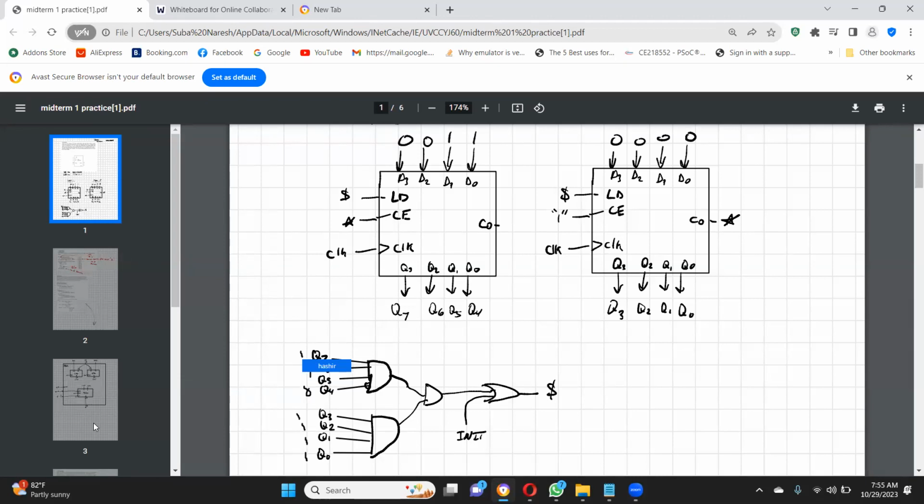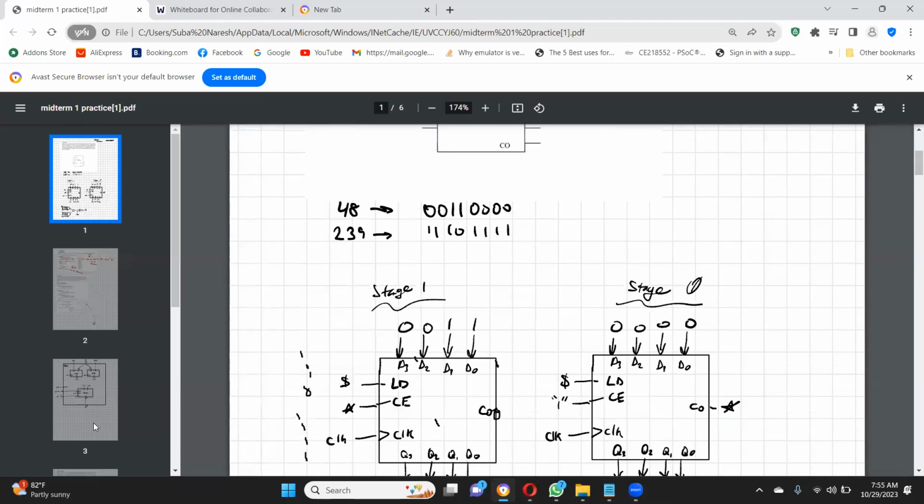Now what is the output? Output is 1. And your unit is 0, right? So it will get connected to load again. So it will load 239. Okay, and then will it go back to 239? That's it. After that, what is 240?